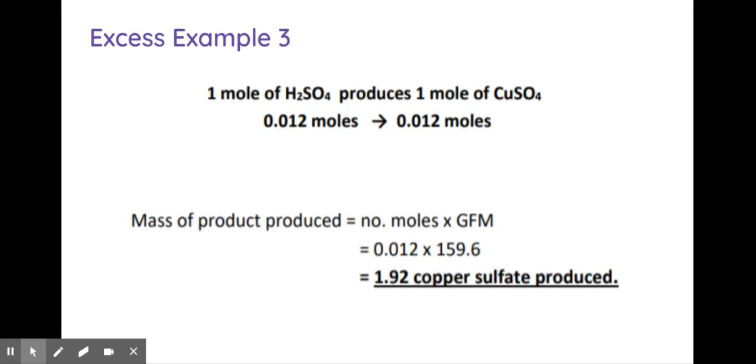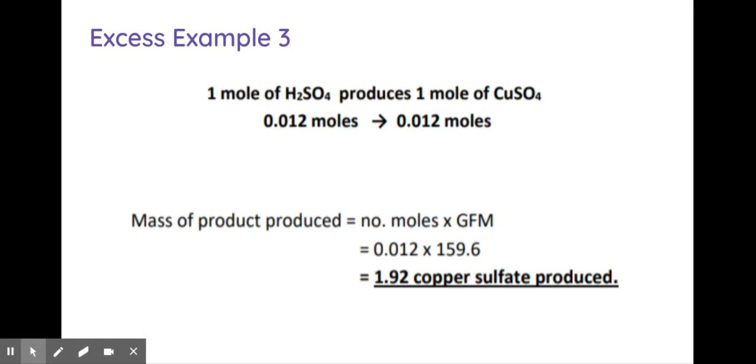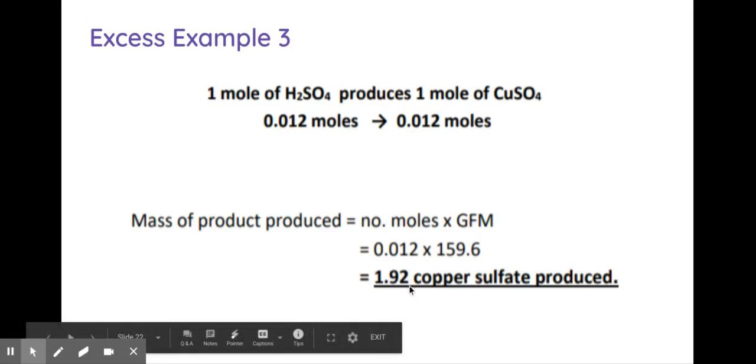To calculate the mass of the product, again, we're going to use the triangle, number of moles times gram formula mass. The gram formula mass of copper sulfate is 159.6. The number of moles we had from our mole ratio here is 0.012. Therefore, we have 1.92 grams of copper sulfate produced. There is a wee G missing there for grams. That should be there.